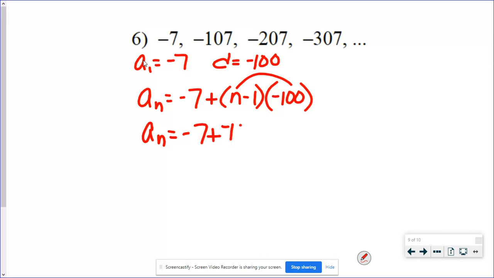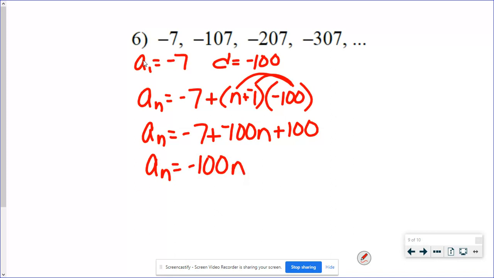Negative 100n. And then this is actually going to be plus 100. We like our variable part first. Negative 7 plus 100 is going to be 97. And at the same time, I'm not going to show the substitution on this one because I want to get to this.